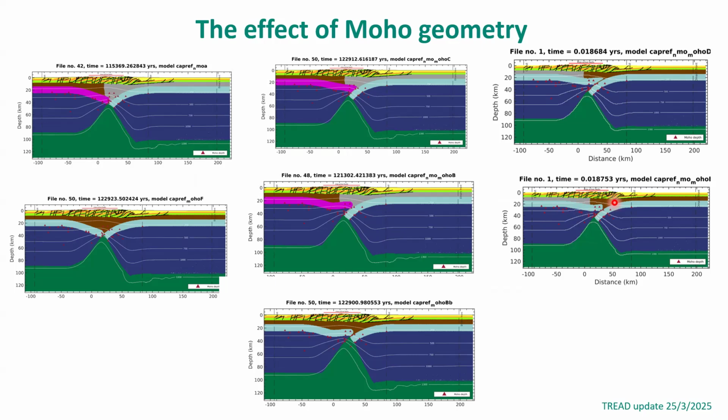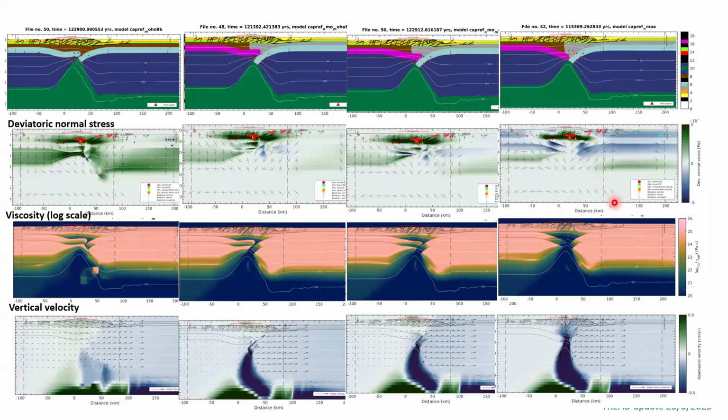I'm sure it will be a lot of figures on one slide, but I will talk you through it. So here I'm showing 4 models. Don't pay attention to the color code, it's the same in every model. The only difference in these models is the geometry of the Moho and how the lower crusts are overlapping. And then I'm showing the deviatoric normal stress, where green is extension and blue compression.